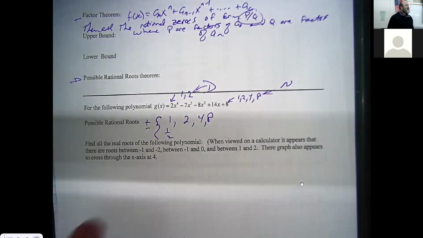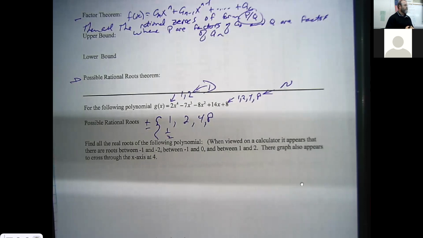Because there's a pesky little plus or minus in front of it. Now, have we already established what I could do to find out through synthetic division if one of them works? Because if they work, what does the remainder have to be? If something goes in perfectly, its remainder has to be 0. Are you guys cool with that?